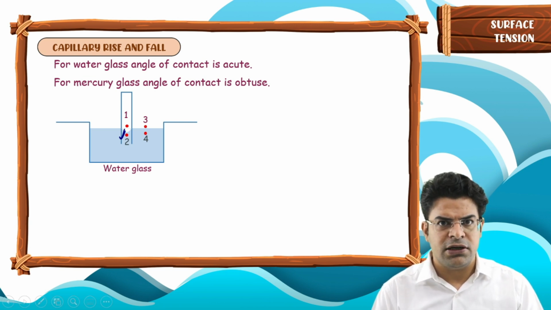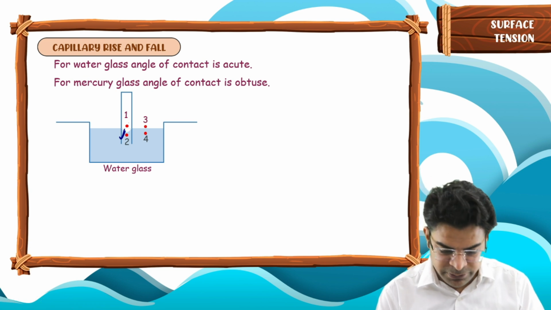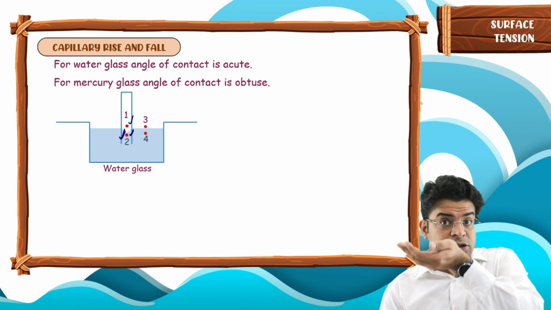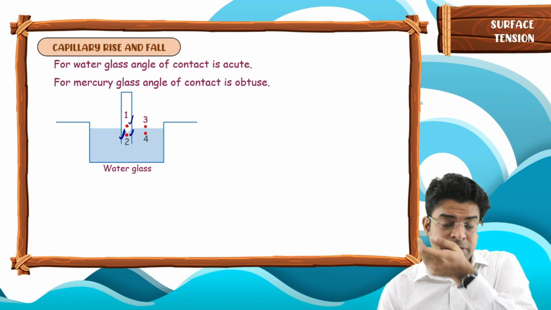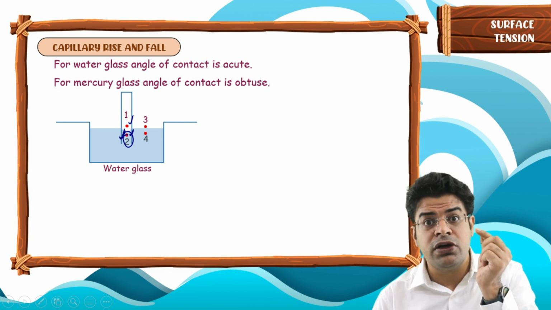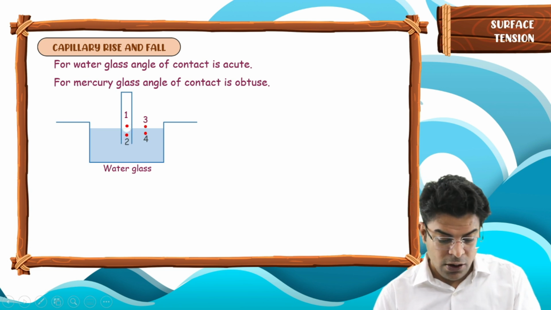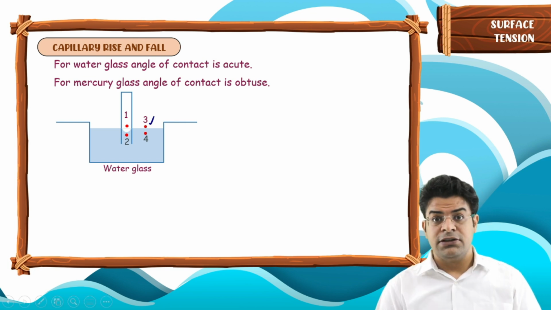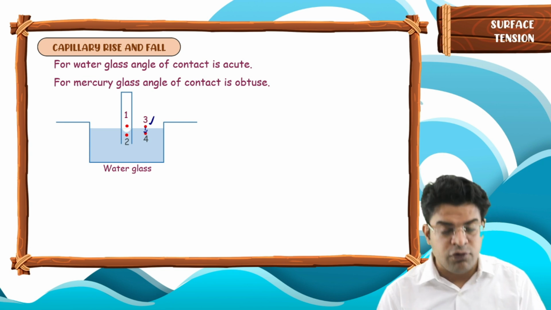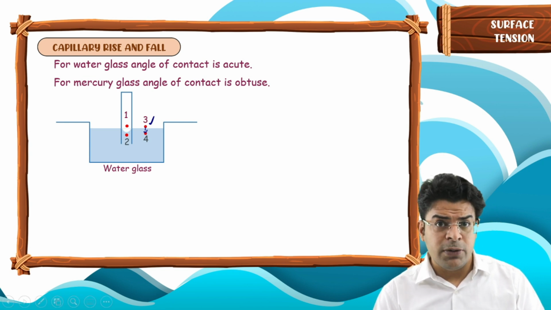At 1 the pressure is P atm, and the pressure at 1 has to be more than the pressure at 2, so the pressure at 2 has to be less. So the pressure at 2 is less than atmospheric pressure, while the pressure at 3 is the same as atmospheric pressure, and at point 4, which is a little lower inside the fluid, the pressure will be more than P atm.